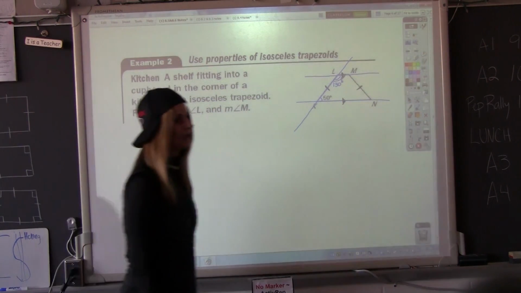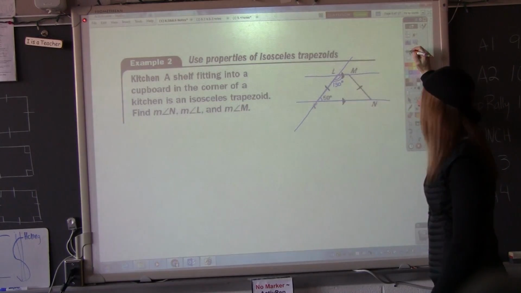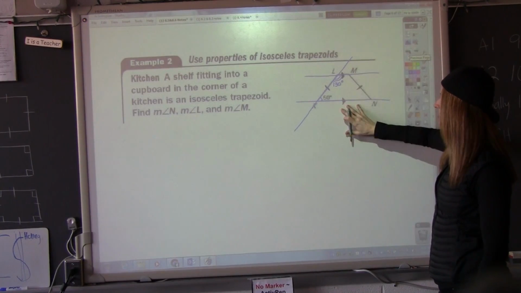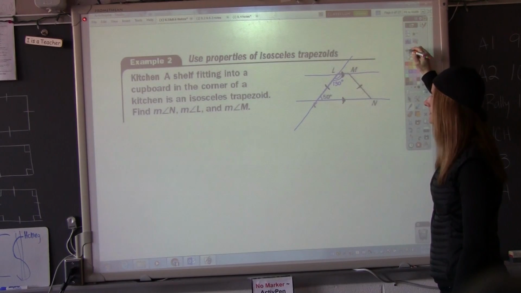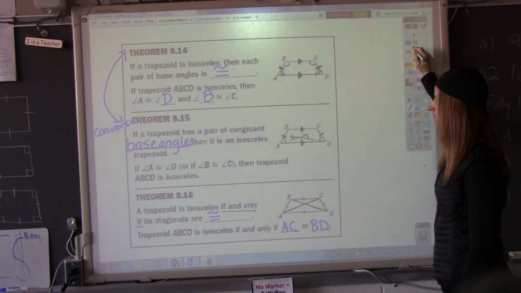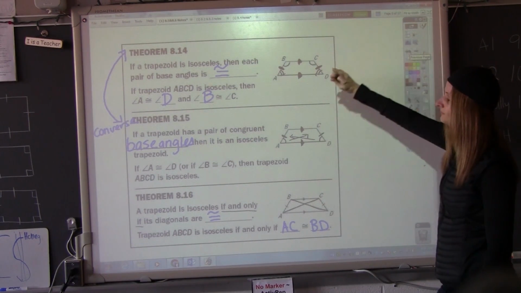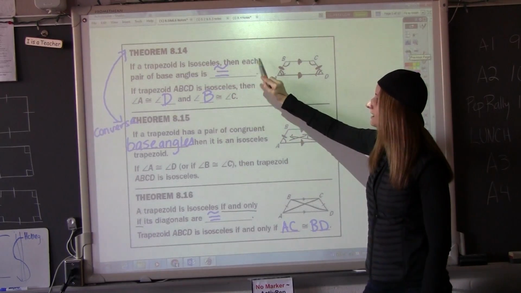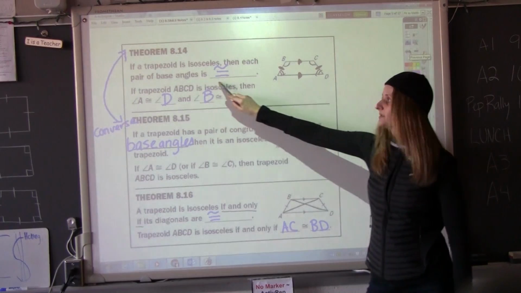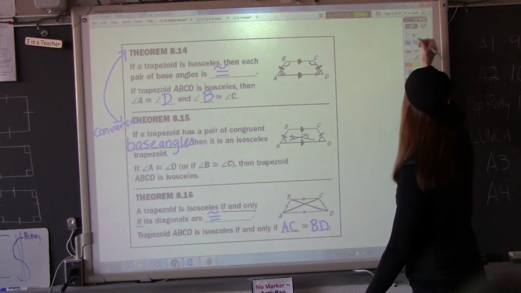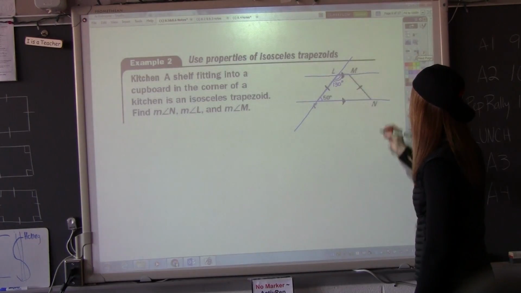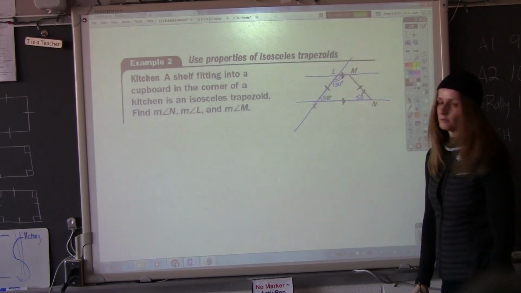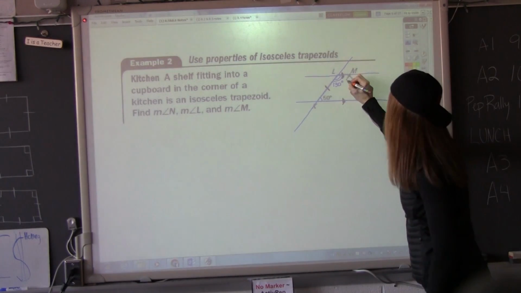Now let's look back at the theorems we just learned. We're given an isosceles trapezoid. So what does it tell us about the base angles? If a trapezoid is isosceles, then each pair of base angles is congruent. So that's got to be 50, and that's got to be 130.